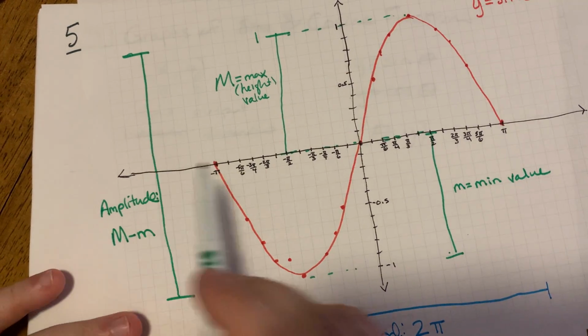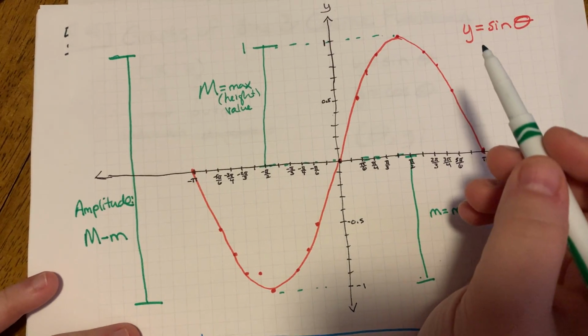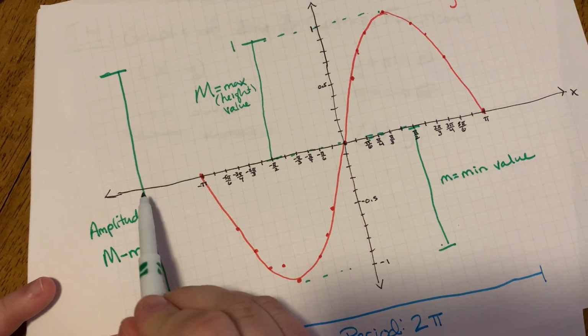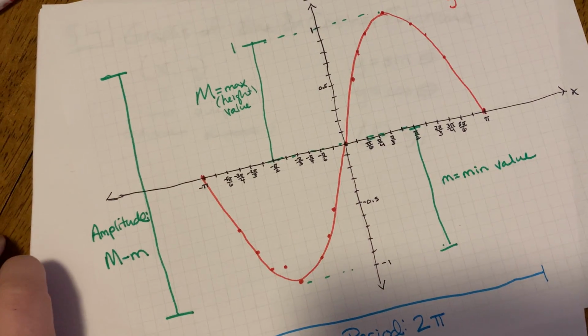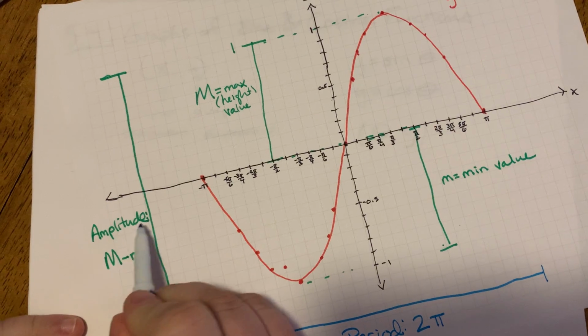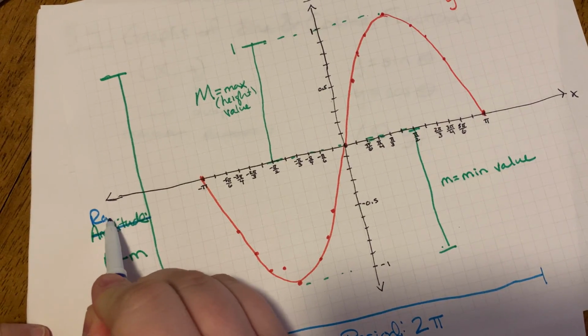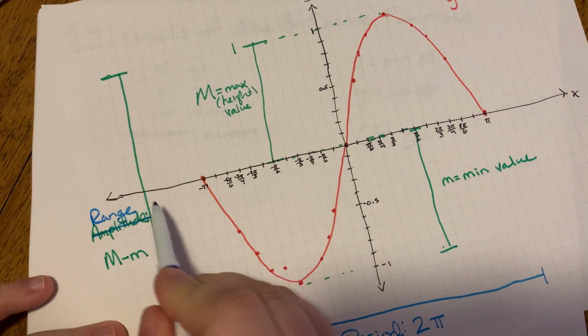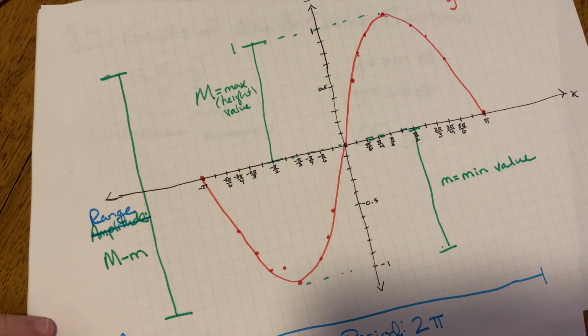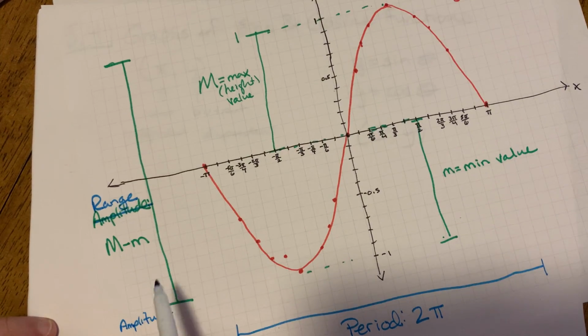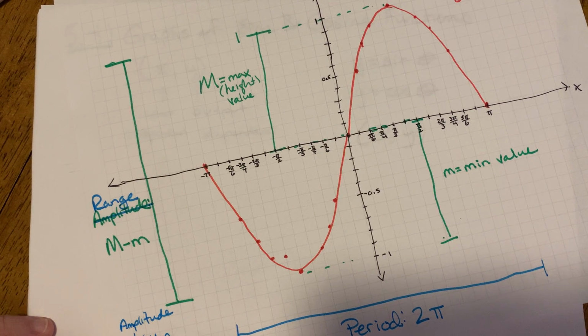But it's not just this distance, because amplitude is really half of this value by definition. So this is not the amplitude. This is the range. The amplitude is half of that distance.